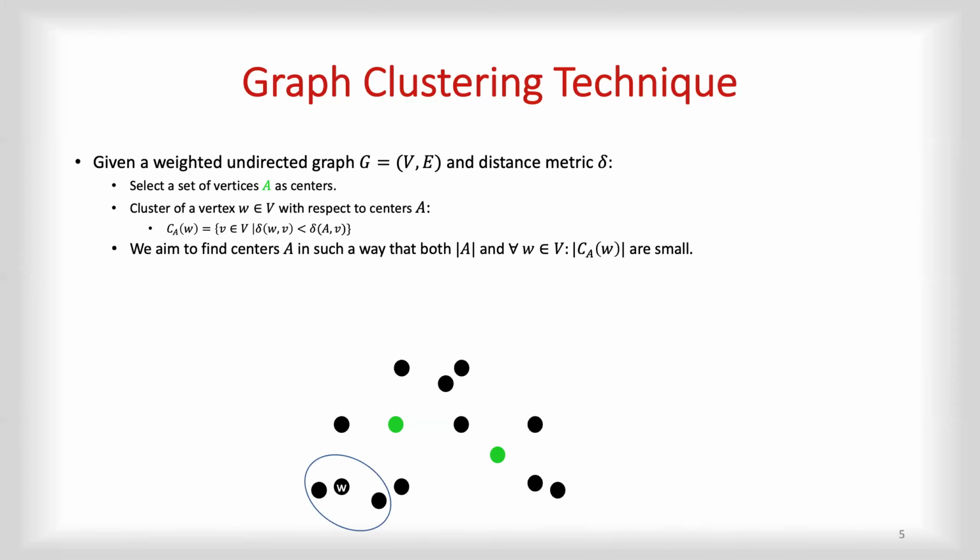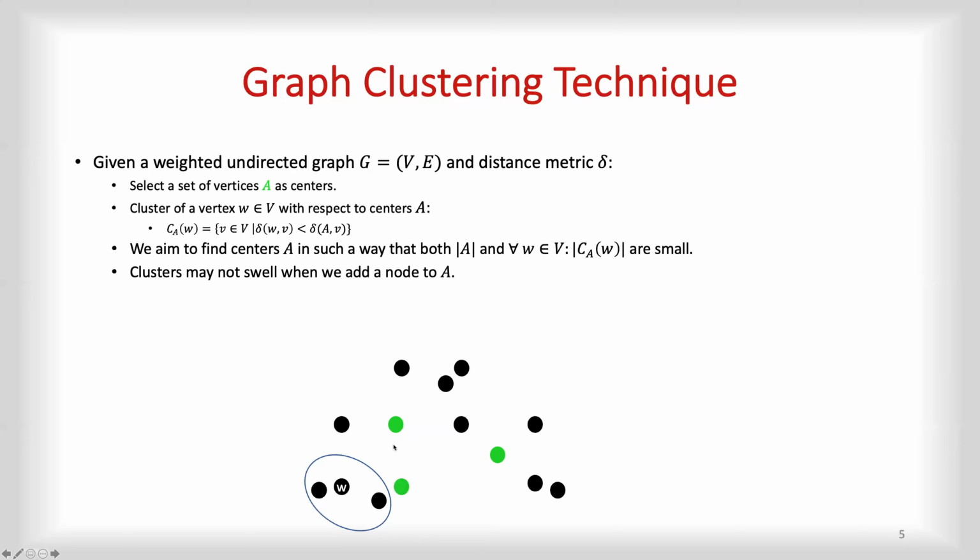The idea here is that we would like to find centers A such that both the set of centers and the cluster sizes are all small. A very simple observation is that as we add more nodes to the center set, the clusters cannot swell; they just shrink or remain the same.